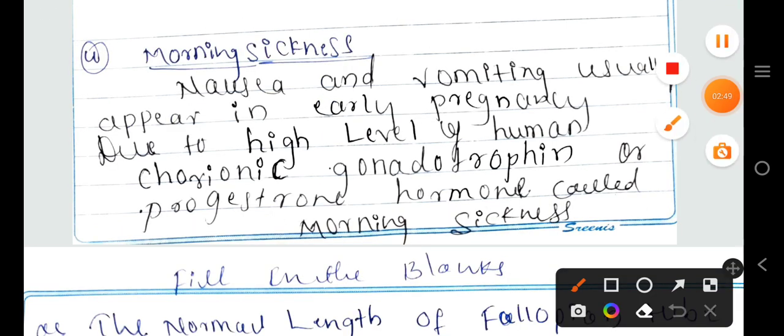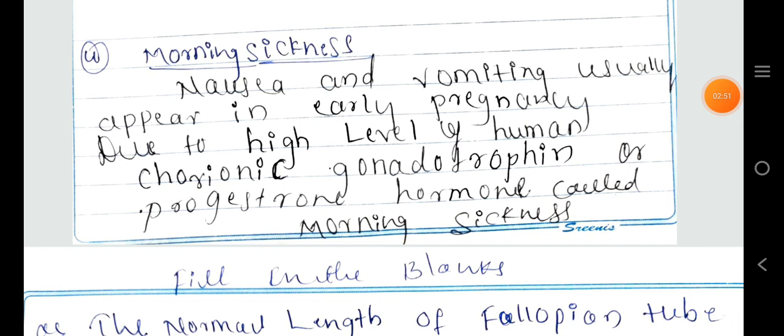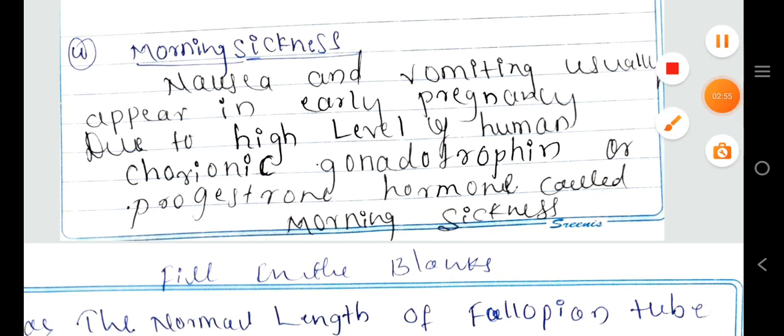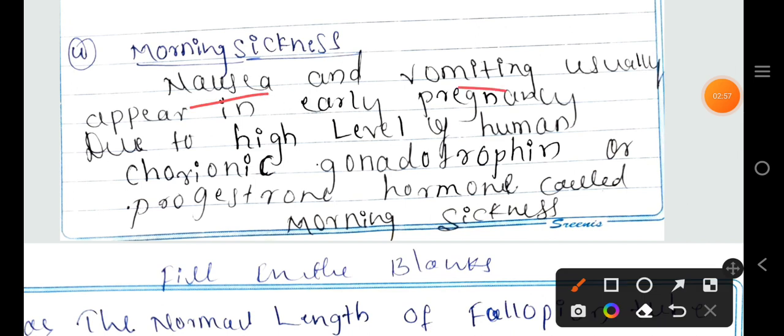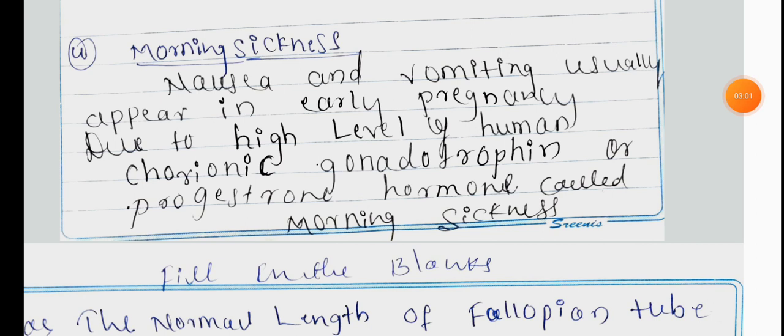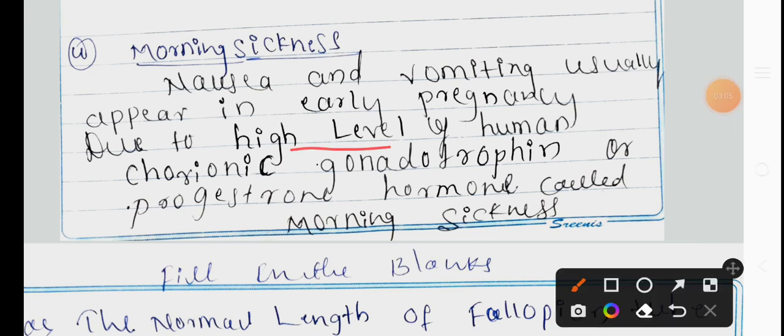Next question is morning sickness. So what is the meaning of morning sickness? Nausea and vomiting. Morning sickness is nothing but nausea and vomiting. Usually it appears in early pregnancy, due to a high level of human chorionic gonadotropin or progesterone hormone.